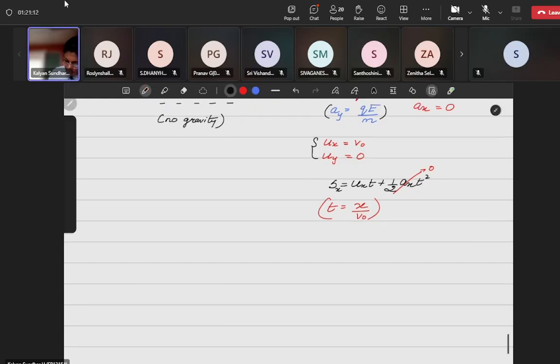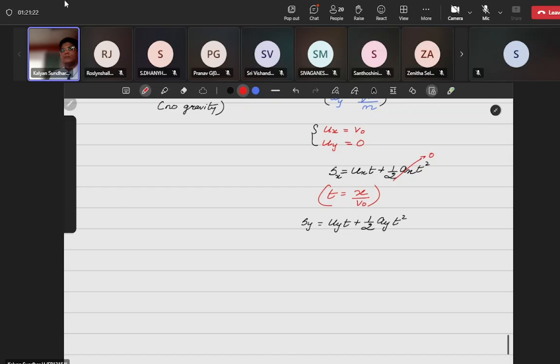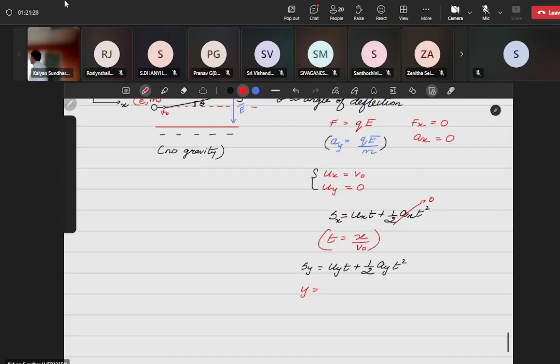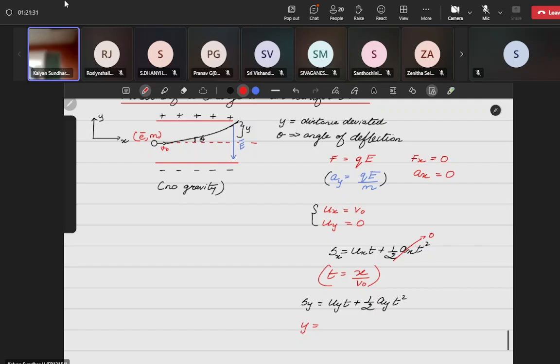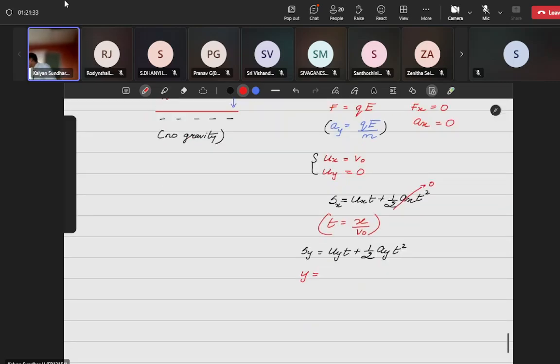Now, similarly along y, sy will be equal to uyt plus half into ayt square. Now tell me, what is s along y? That is what we are going to find, this sy. s along y will be equal to uy, which is what? There is no initial velocity in the y direction.